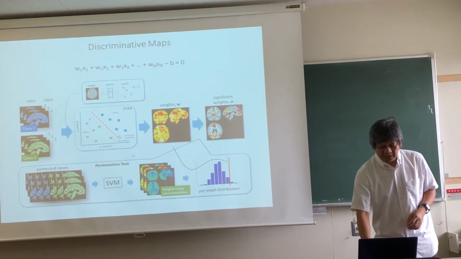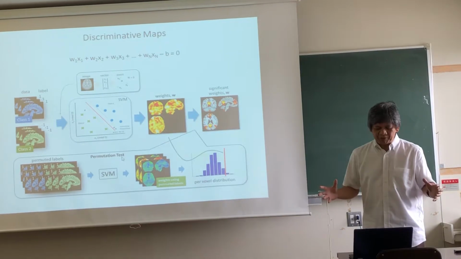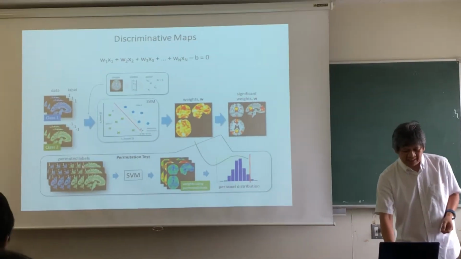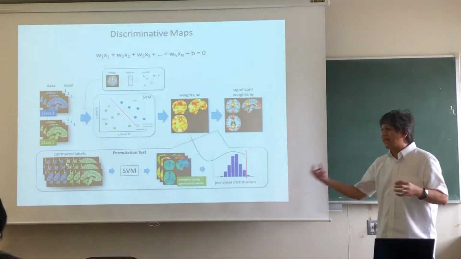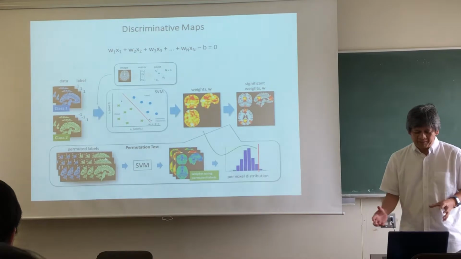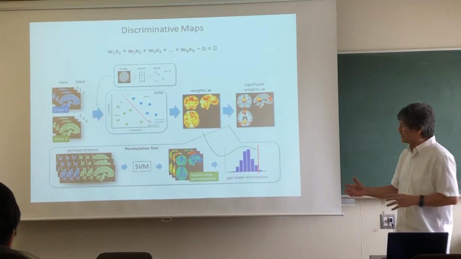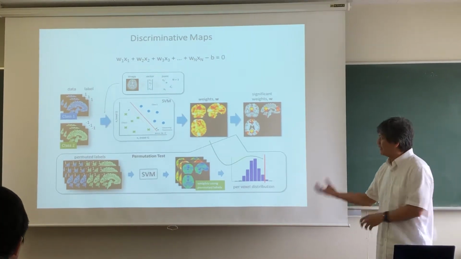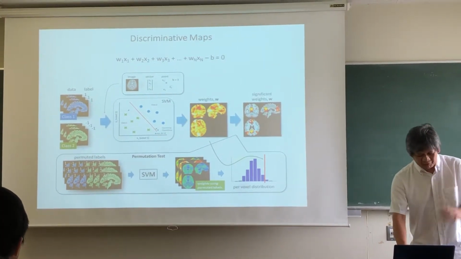And in order to do that, we just perform a permutation test. Basically, you just permute the labels. Okay? So instead of putting label -1 to the green images, you randomize it such that some will have -1 label and some will have +1 label.